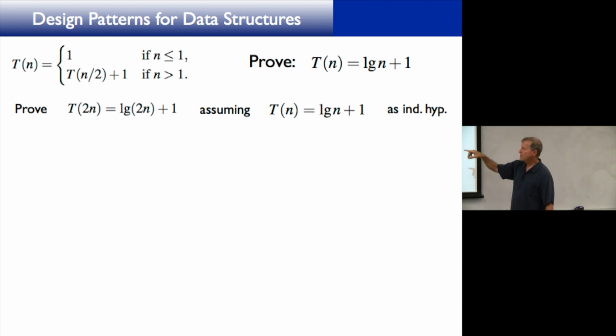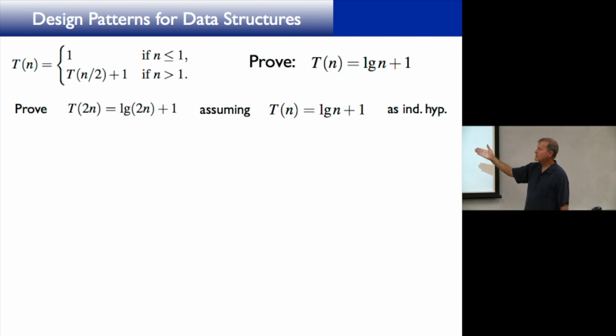Because the question is, why don't we say prove t of n plus 1 equals log 2n plus 1, assuming this as the inductive hypothesis? The reason we don't do that is because in the induction case, each time it calls itself recursively, it's dividing n by 2.